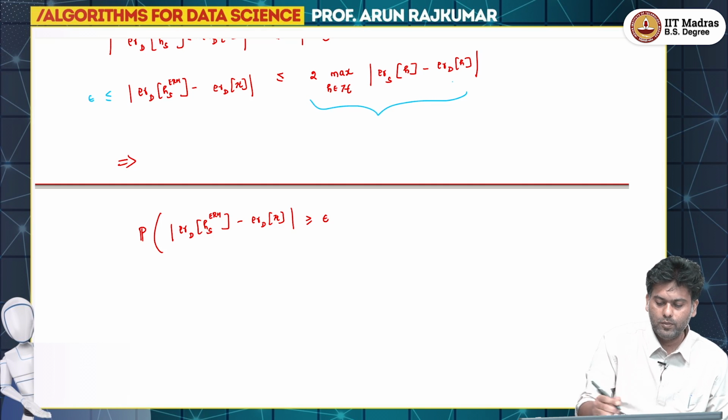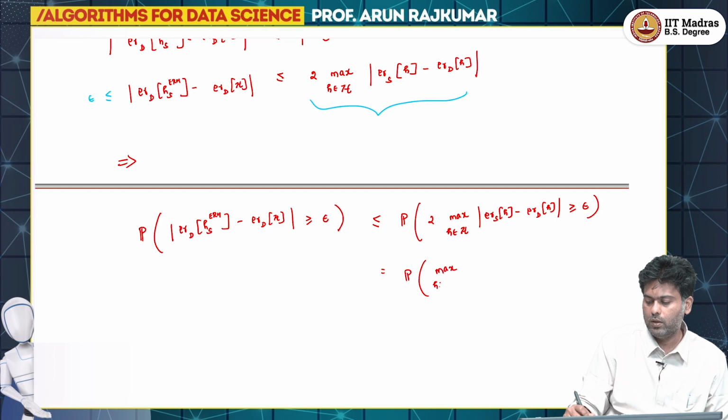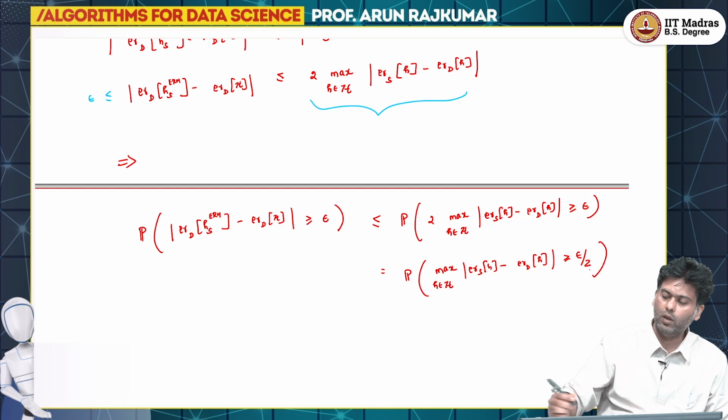So, the chance that this is greater than or equal to epsilon, whatever we care about, is at most the probability that 2 times max over H in H of RS of H minus RD of H is greater than or equal to epsilon, which is just the probability that max over H in H of RS of H minus RD of H is greater than or equal to epsilon by 2.